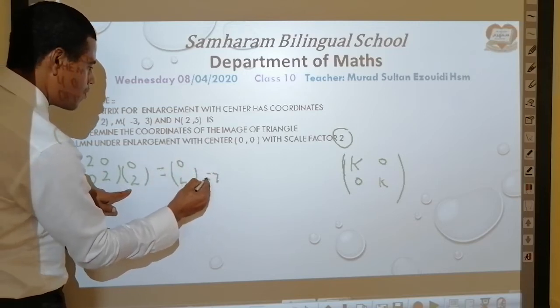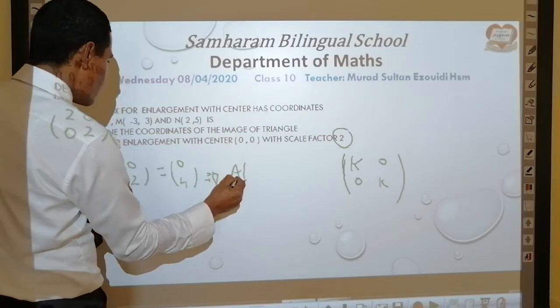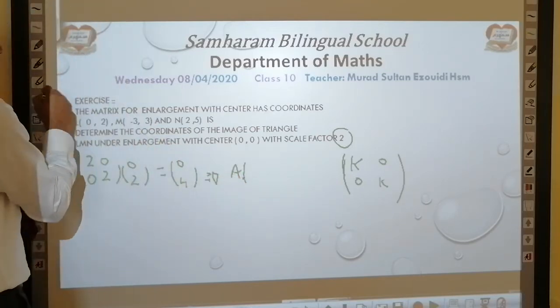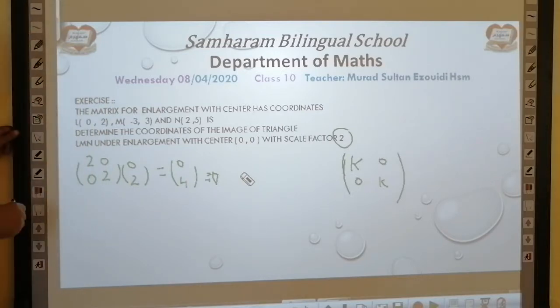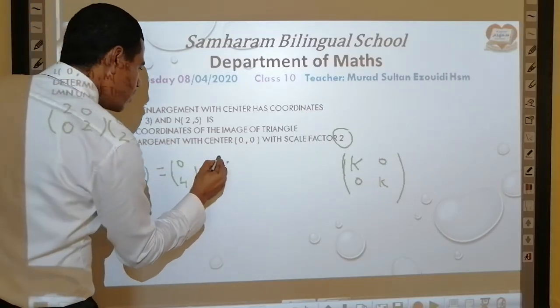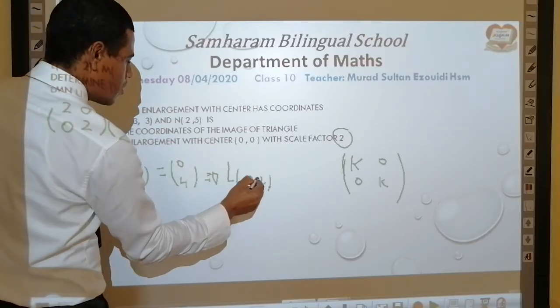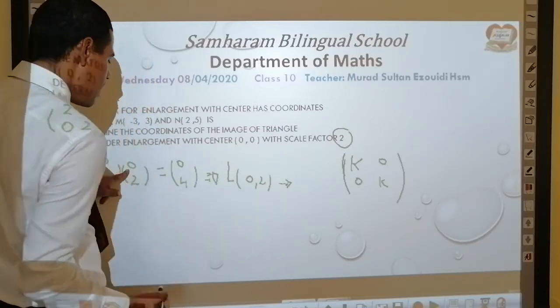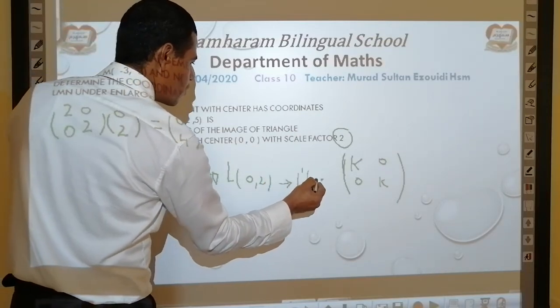So therefore L of coordinates 0, 2 will map to L prime 0, 4.